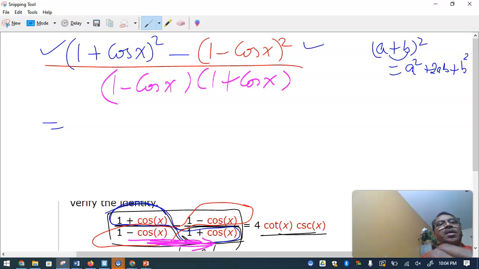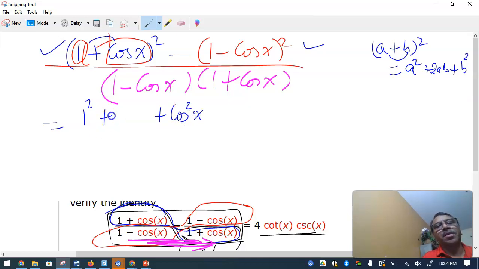So this is like your a, that's like b. So you square the first, which is 1 square, square the second, which is cosine square of x, and then multiply 1 times cosine and double it. So you get 2 cosine of x.